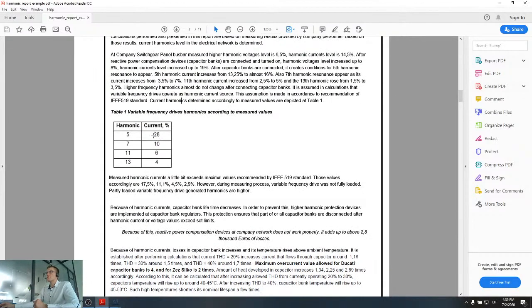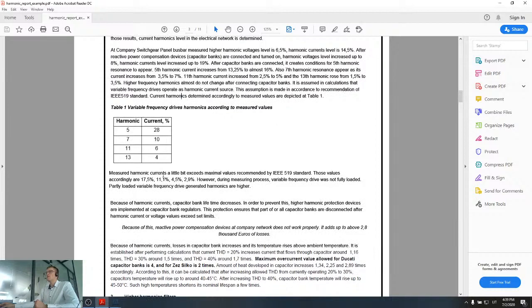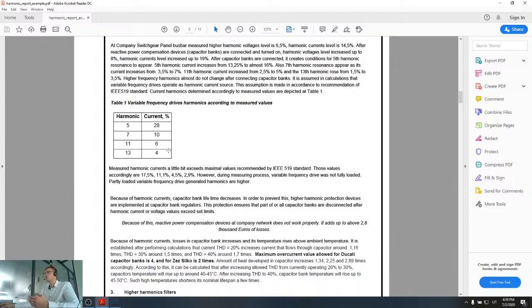The client measured harmonics in his network: the 5th harmonic is 28%, the 7th harmonic is 10%, the 11th 6%, and so on. This describes the current situation in the existing network.